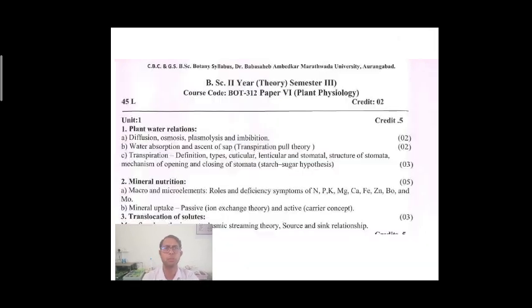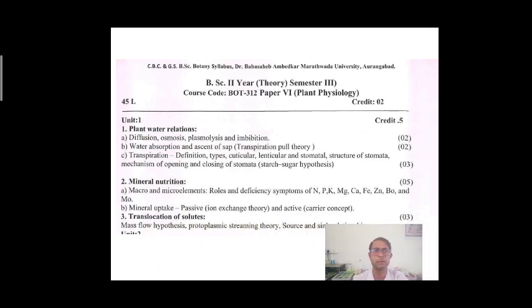Unit number 1 is plant water relation. Unit number 1 has 3 parts. The first part is plant water relation, the second part is mineral nutrition, and the third is the translocation of solute. These are the 3 parts included in the first unit.